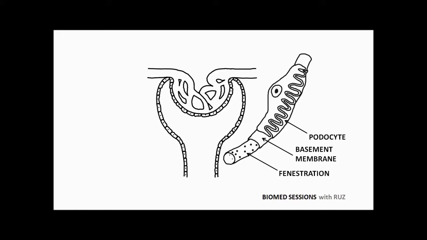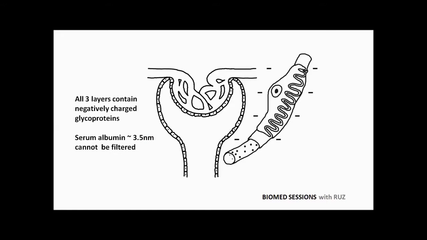These look like monsters wrapping their arms around the layers below, and they themselves have many finger-like projections called pedicels, which are so close to each other that there are just narrow filtration slits between them, which allow only small molecules to pass through.